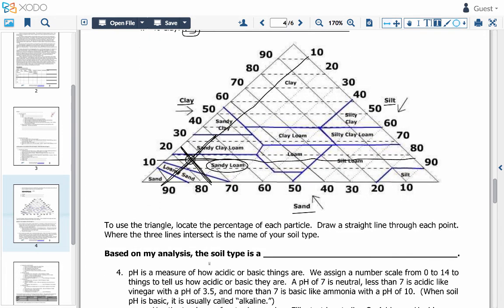If you look further on your paper, you see where it says, based on my analysis, the type is, and I would put sandy loam, or whatever it is that you found.